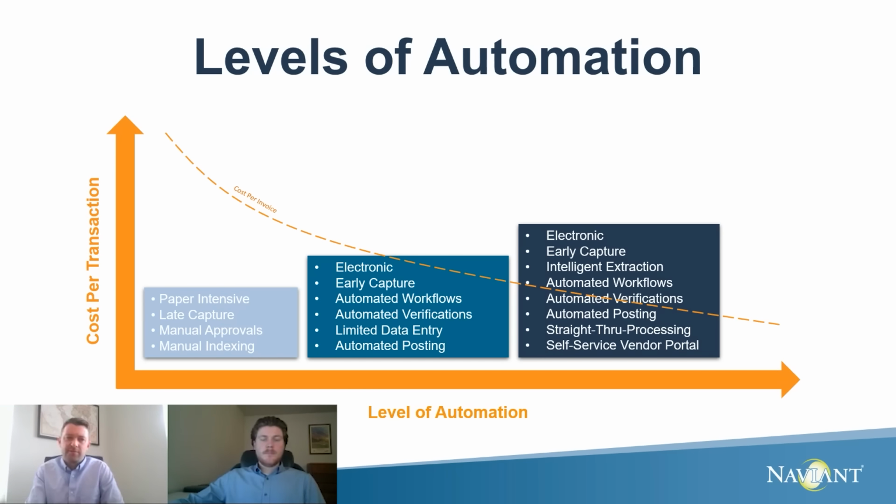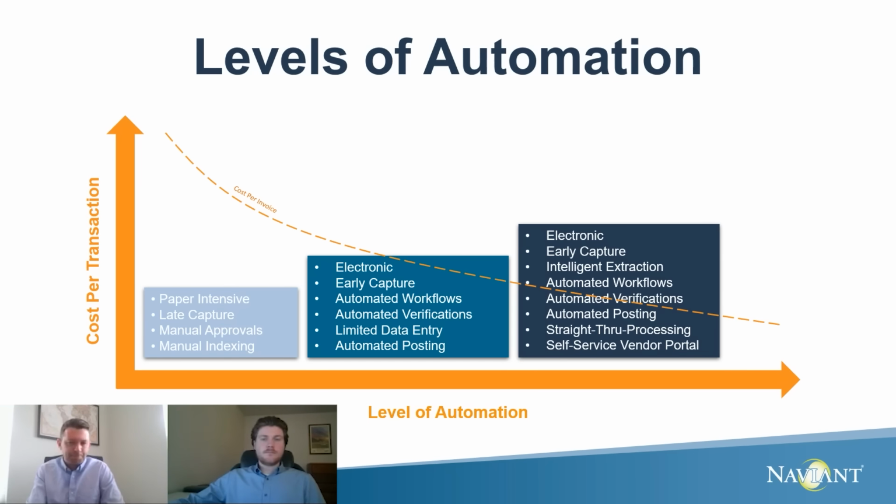Other things like self-service vendor portals can further streamline and automate the process as well. Then, as you can see by that orange dotted line, as we progress with increased levels of automation, the cost per transaction continually decreases.